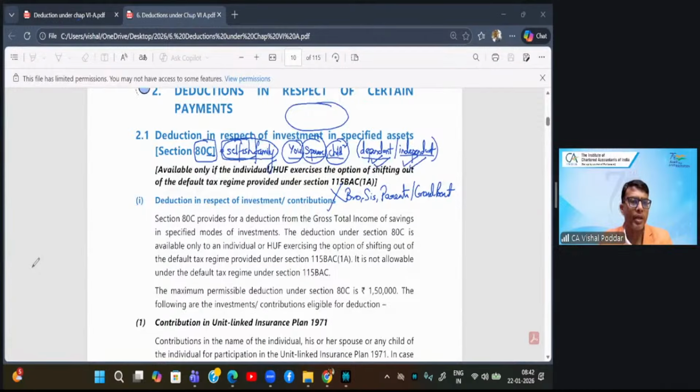But interestingly, when it comes to children, children may be your children, or even your stepchildren. So if you have married a divorcee who already has children, and those children are now adopted by you by default, it means your stepchildren, because that other person is now your spouse. So that person's children also are treated as your children.